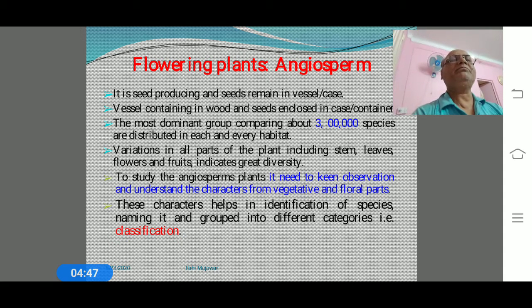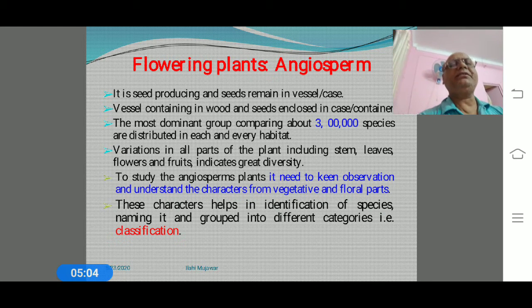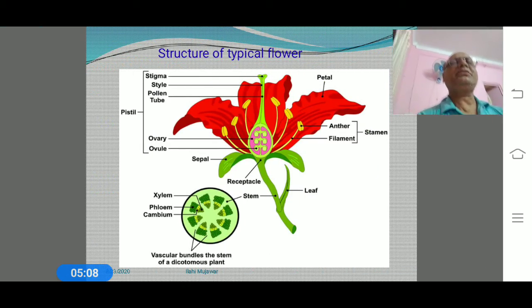Say for example, opposite leaves, quadrangular stem and spike inflorescence is the identity of a particular family, Acanthaceae. In this way, then naming it, giving the name of the plant and grouping into different categories, that is the classification.